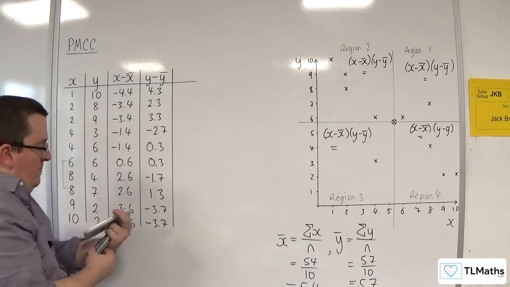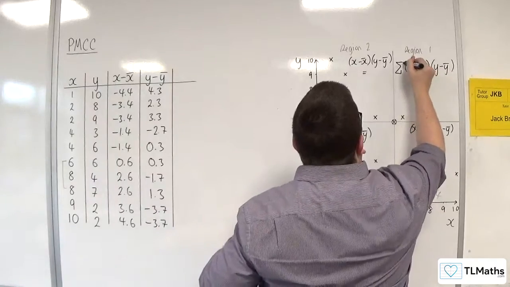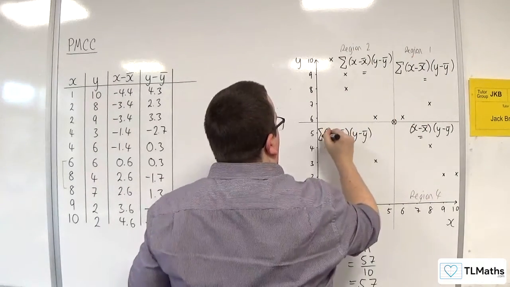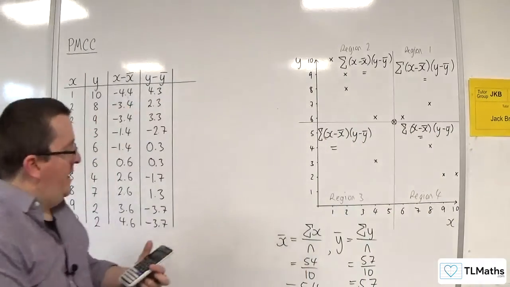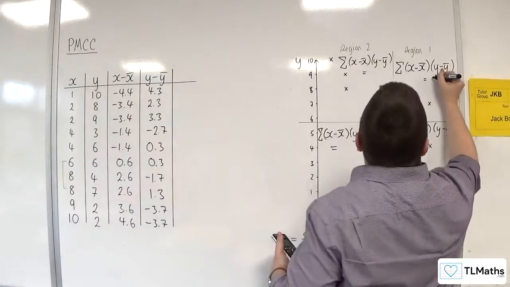So we should get 3.56. Essentially I'm going to add up those values in each case, so I'm going to get a total for each of the regions. So region 1 is going to give me 3.56.